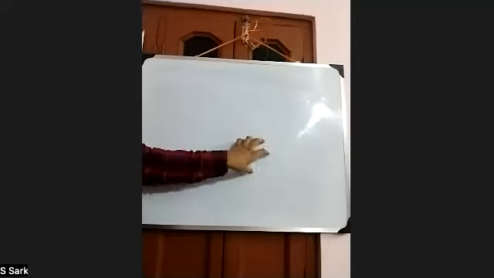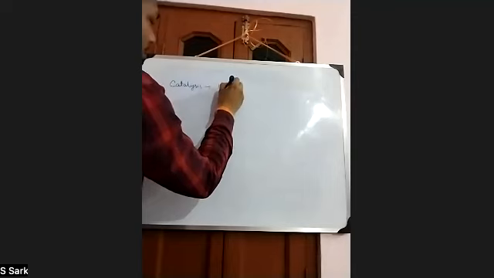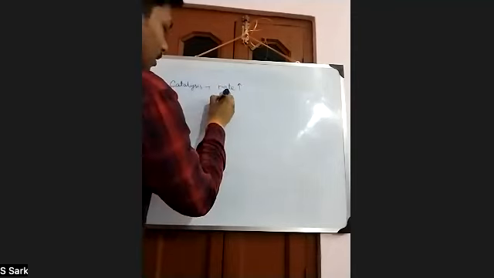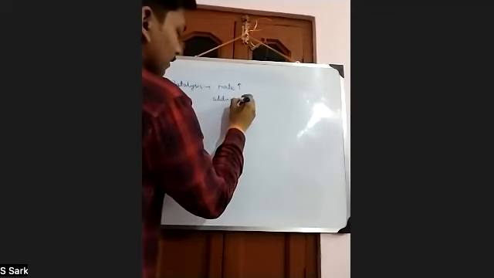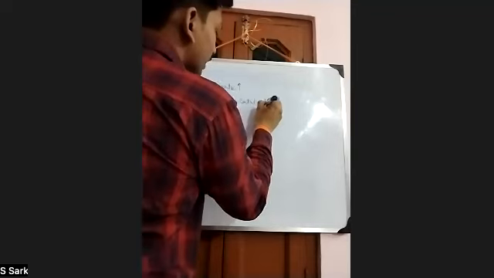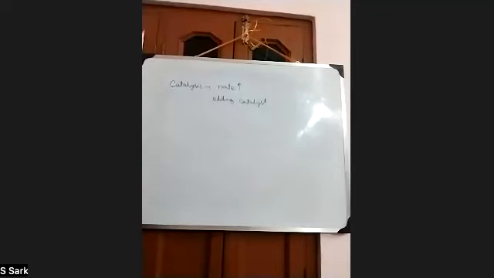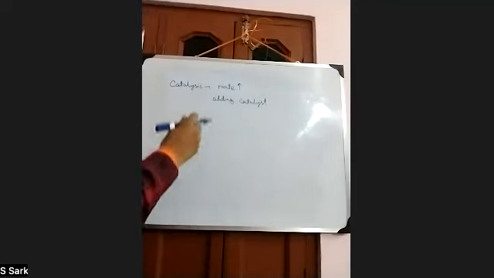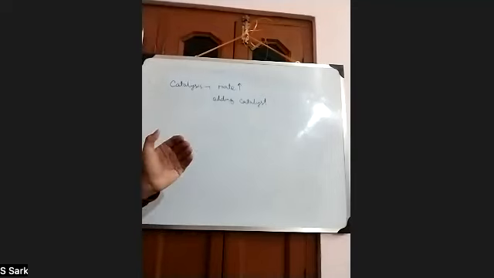In a catalysis process, the rate of the reaction is increased by adding a compound which is called a catalyst. So what do catalysts do? The role of the catalyst is to reduce the activation energy of the reaction and make another pathway for the reaction to go through.